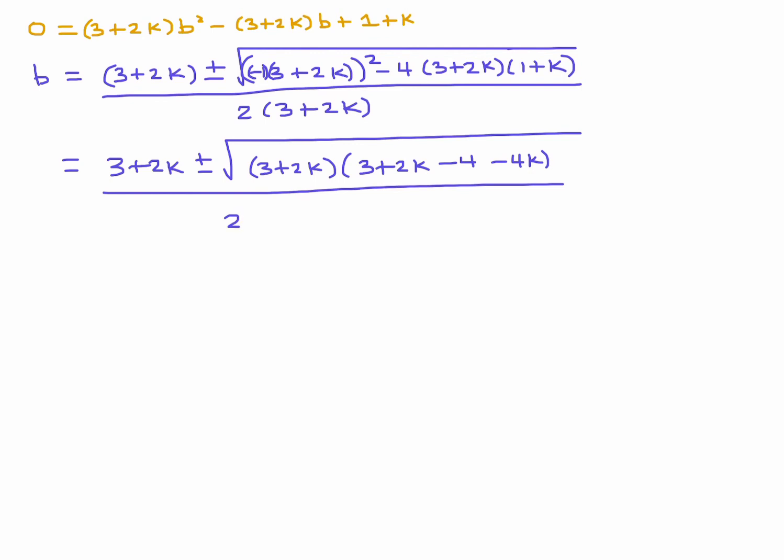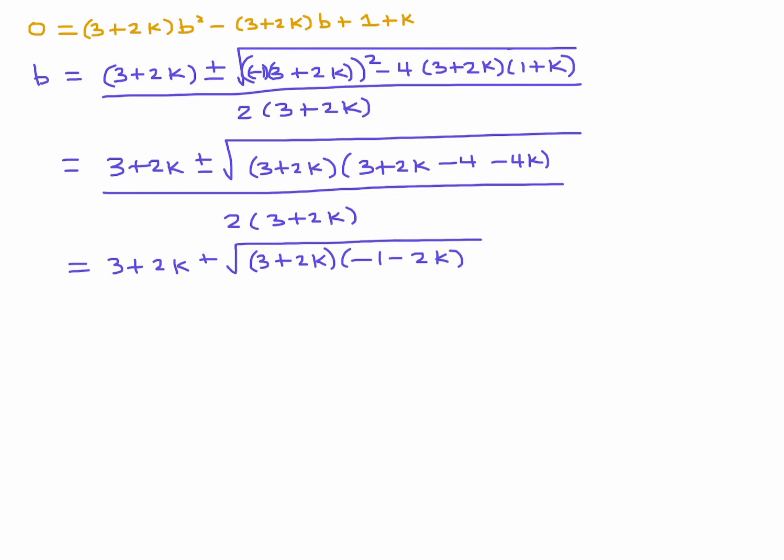And then on the bottom, not much changes, 3 plus 2k. And I think this will be 3 plus 2k plus or minus, simplifying this, 3 plus 2k, and then collecting like terms, minus 1 minus 2k. And I think that's about as far as we can go there. 3 plus 2k. All right?